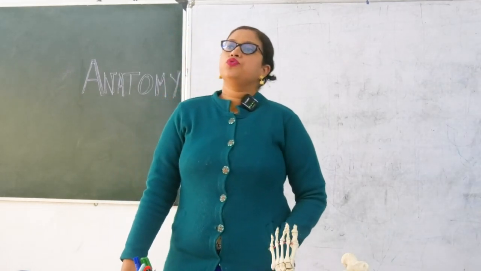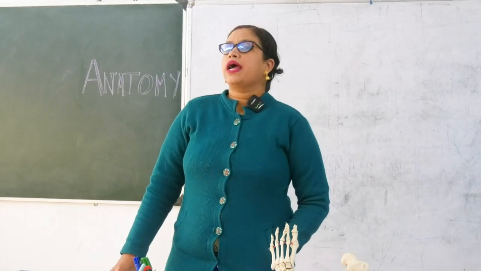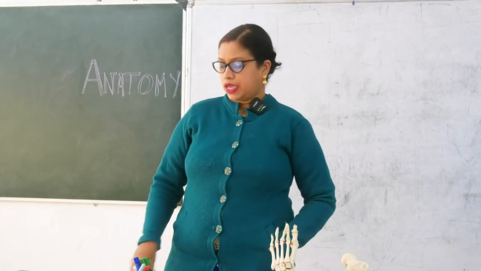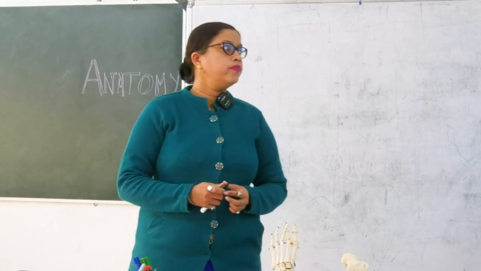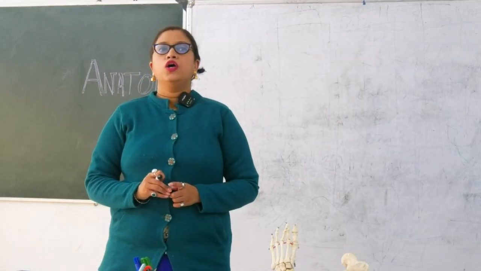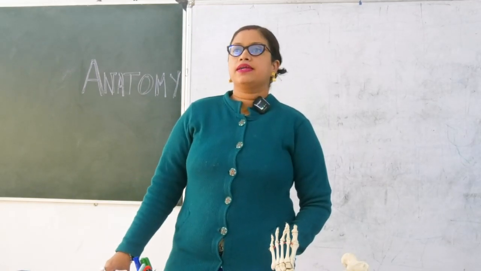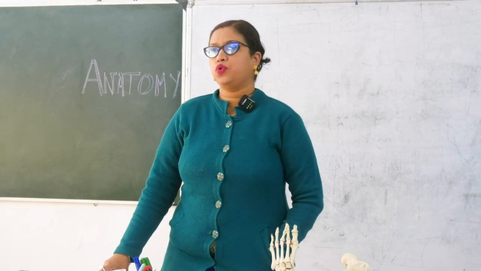Today I will explain, tomorrow we will see the parts of the muscle. Write it down: the posterior compartment of the leg consists of two parts, superficial and deep.